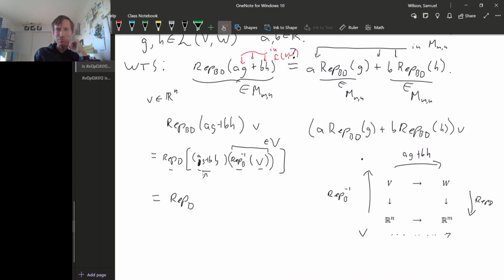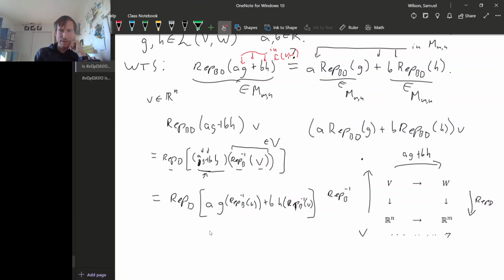Well, just by definition, how do you add and do scalar multiplication in a space of linear maps? You do it pointwise. So this is A times G of rep B inverse of v plus B times H of rep B inverse of v.